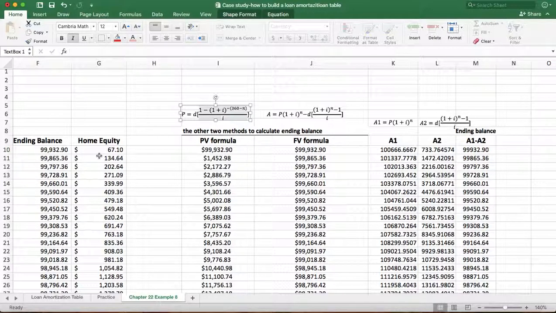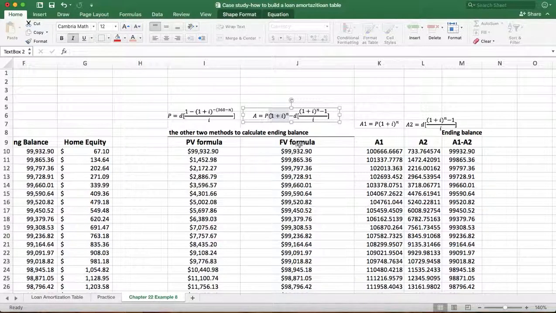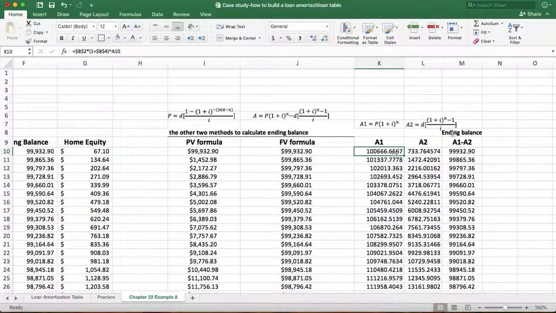You don't even need to know any mathematics. Also, if you do not want to use the Excel formula, you want to directly calculate the ending balance using the mathematical formula, I have this math. You can break down this formula into two pieces and calculate it, and then calculate the ending balance.